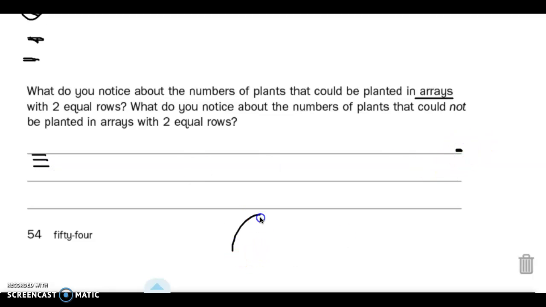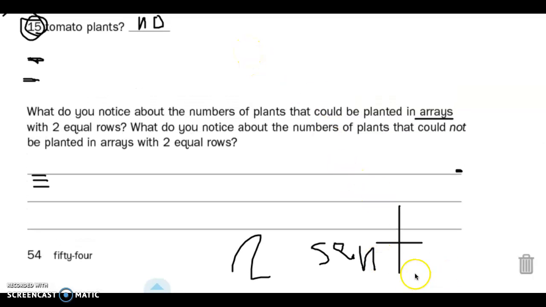I want you to write 2 sentences because there's 2 questions. What do you notice about the numbers of plants in arrays with 2 equal rows? So the ones that could, that's question 1. And what did you notice about the numbers of plants that could not be planted in arrays with 2 equal rows? Okay, answer those. Go on to the next video.